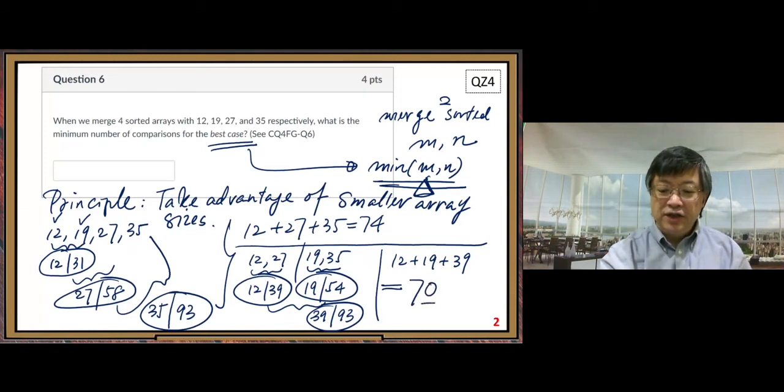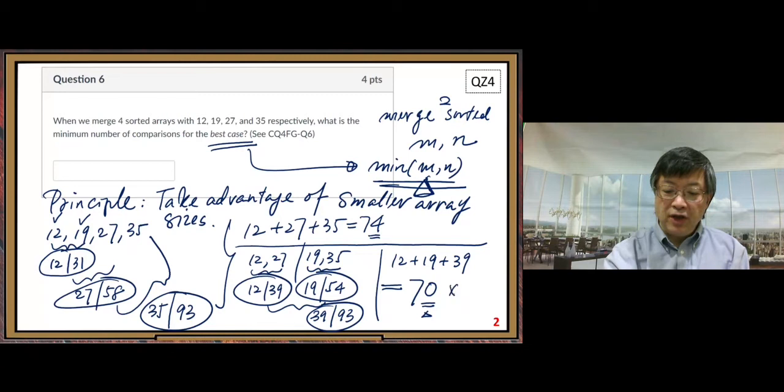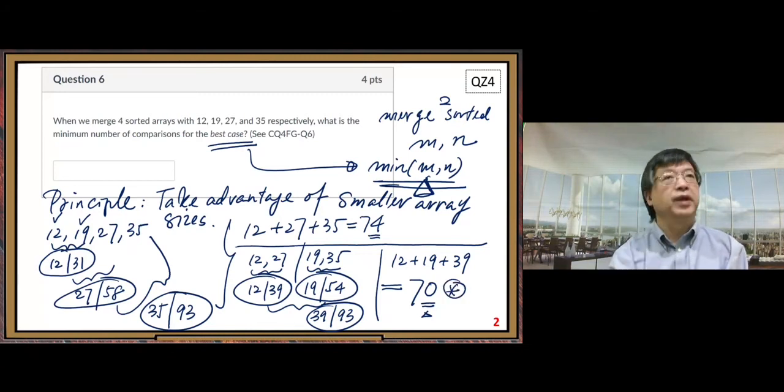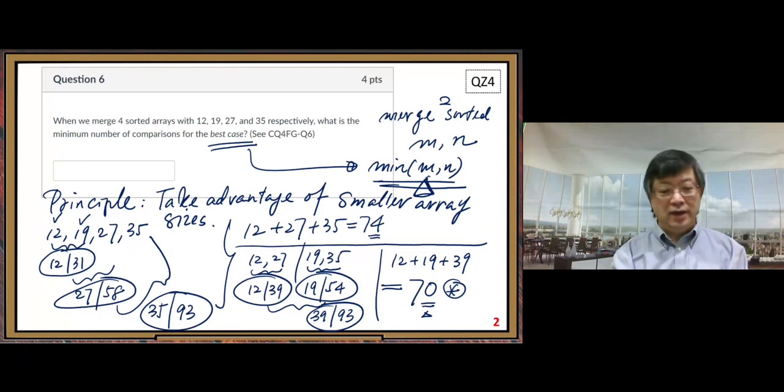See? 70, better than 74. So the answer for this question, this is the answer, the best we can get. Not that easy. So you need to try your best.